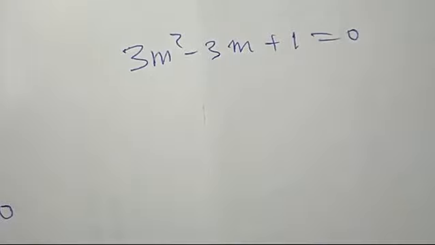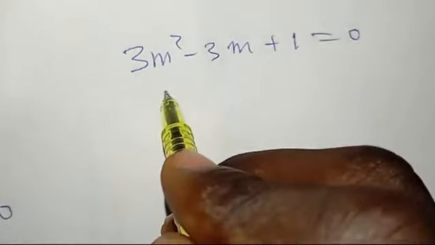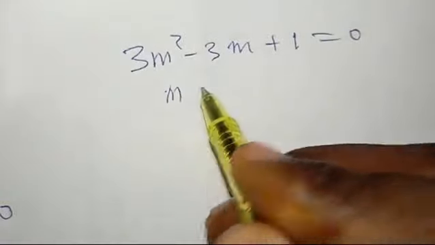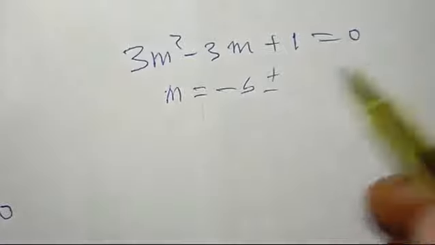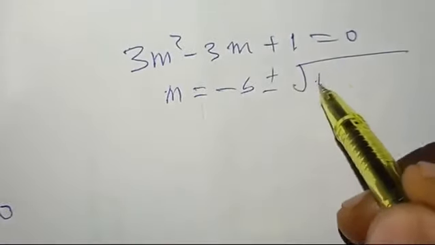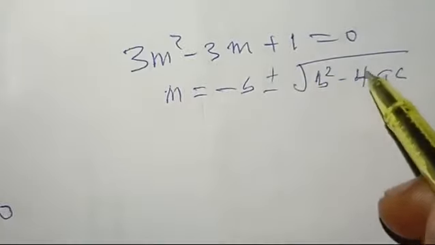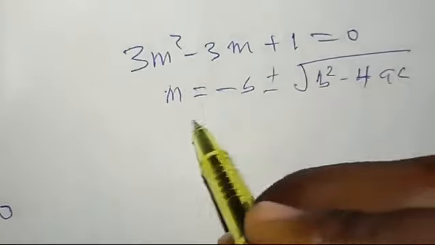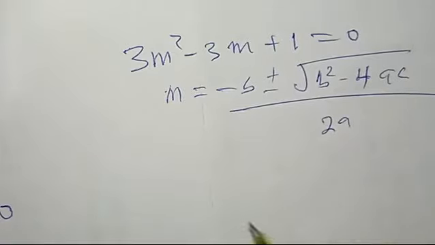So we're going to be using the general method, which of course says that in this case our m is going to be equal to minus b, plus or minus the square root of b squared minus 4ac, 4 times a times c, and it is all divided by 2 times a.